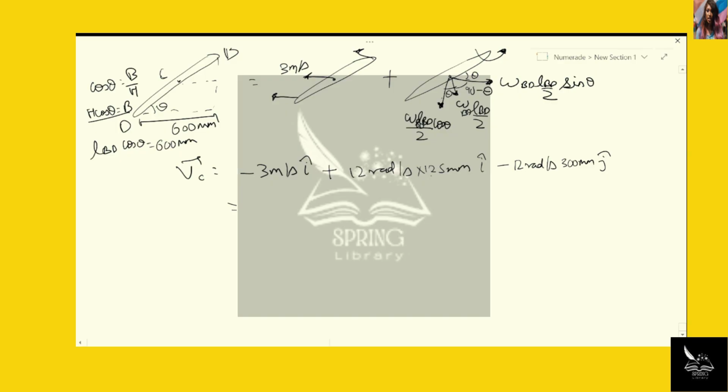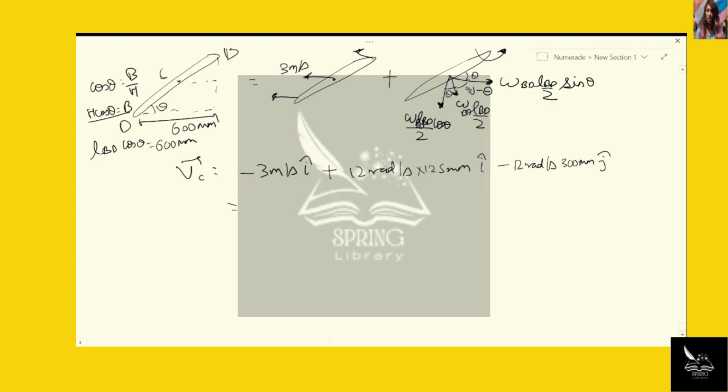So now this is equal to, 125 millimeters is 0.125 meters. So 12 times that: 12 5s are 60, 12 2s are 24 plus 6, 30, and then 12 1 is 12 plus 3, 15, and then there will be a decimal point, so it will be 0.0 5.